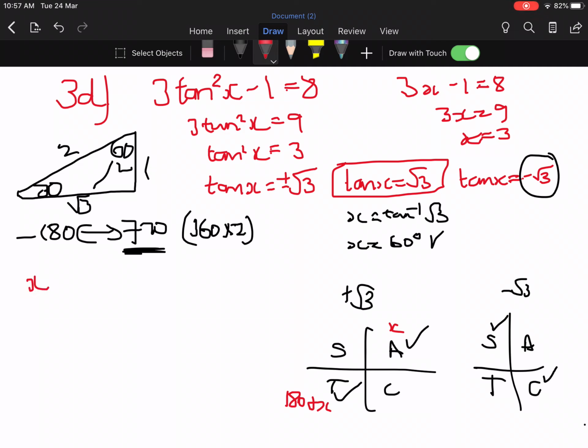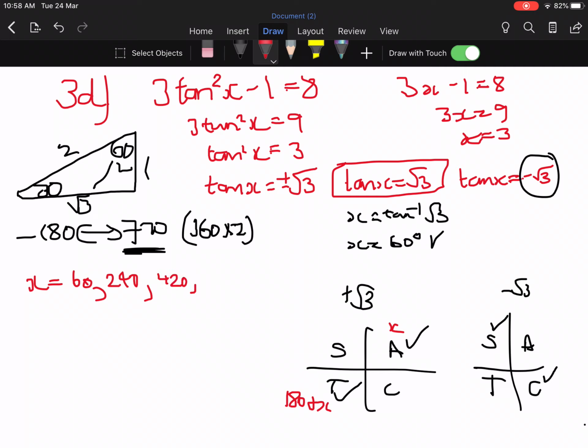So x is equal to 60 and x is equal to 240. Now because tan goes in cycles of 180, what I have to do is keep adding 180 to my answers. So 60 plus 180 is 240, so I don't even need to work out that one. But then I have to do 240 plus 180, which is going to be 420.